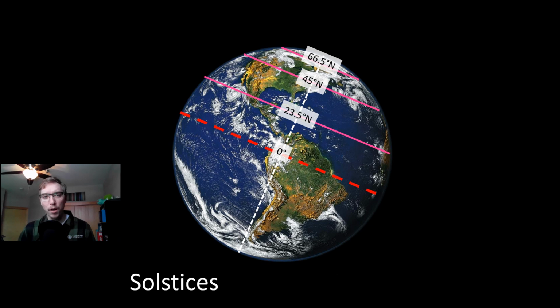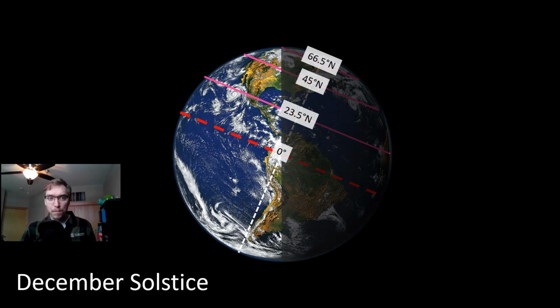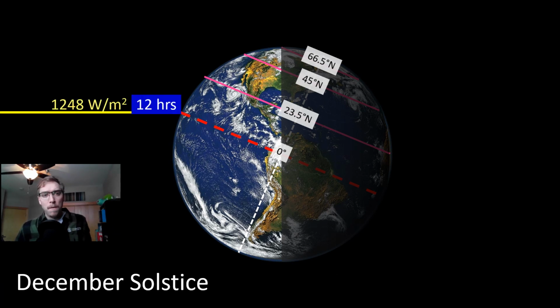We're looking at the equator, the Tropic of Cancer here, 45 degrees north latitude, right about where we live, and then 66.5 degrees north latitude, the Arctic Circle. So in the December solstice, obviously the subsolar point is down near the Tropic of Capricorn, 23.5 degrees south latitude. So at the equator, 12 hours of daylight, 1,248 watts per meter squared of incoming solar radiation.